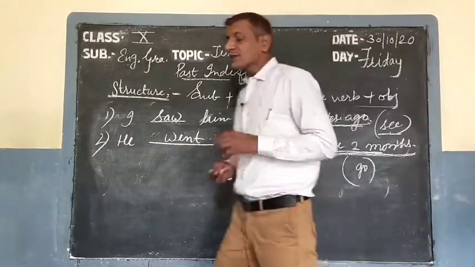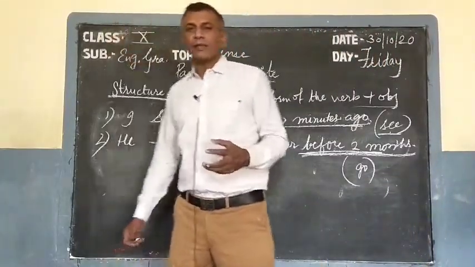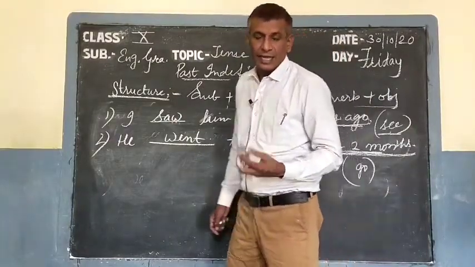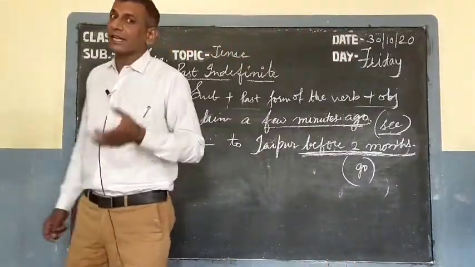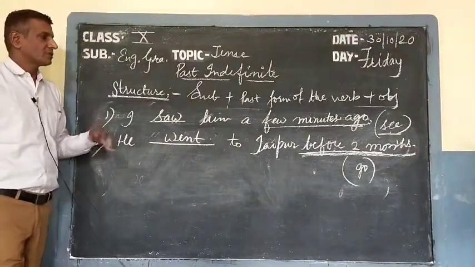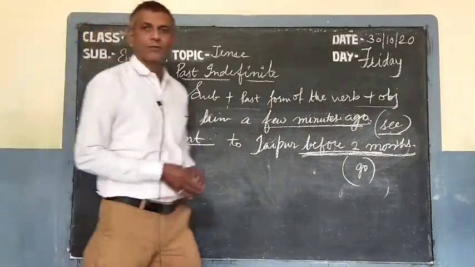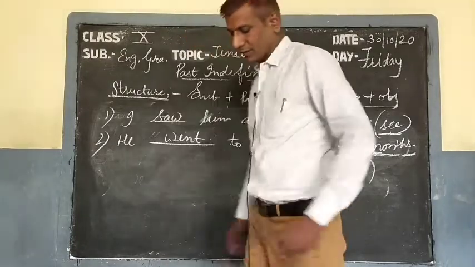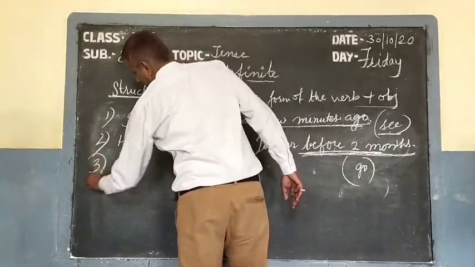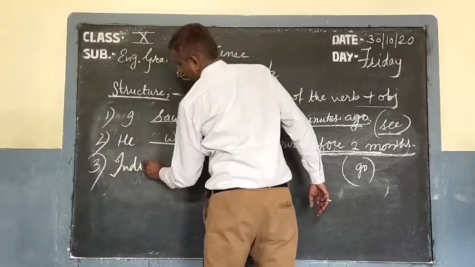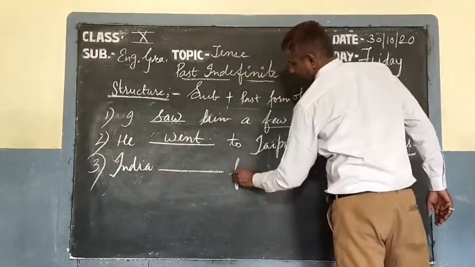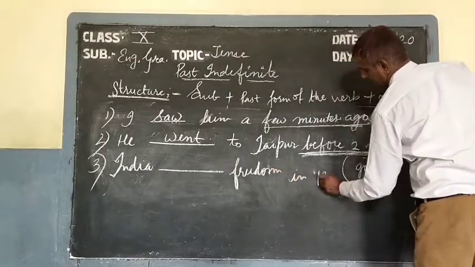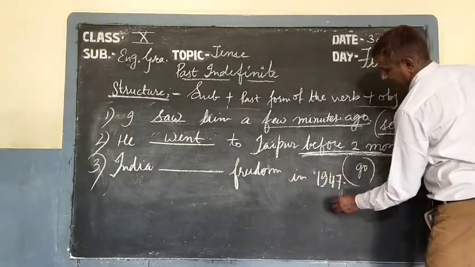So this way first we will identify the sentence and the tense in the sentence, then according to the tense we will fill the correct form of the verb. See one more example, very common sentence: India freedom in 1947.